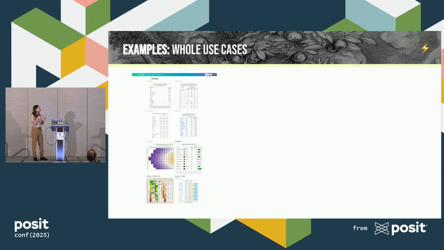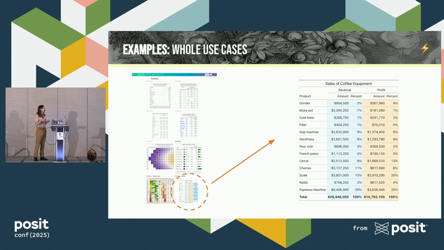Let's say you're looking at Great Tables for the first time, and you pop open the examples page. This is the most popular page because it shows you at a glance real-life use cases. It really highlights why you would use Great Tables and realistic things you could do with it. So you might pick out this table as a really interesting table. This is our coffee table, which represents the sales of a fictitious coffee equipment supplier.